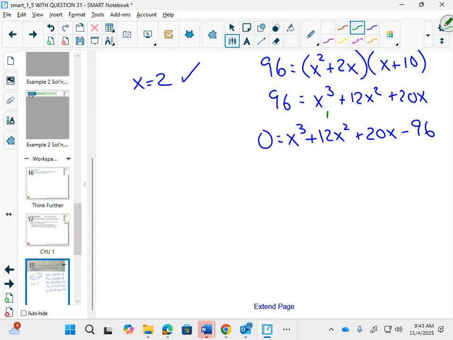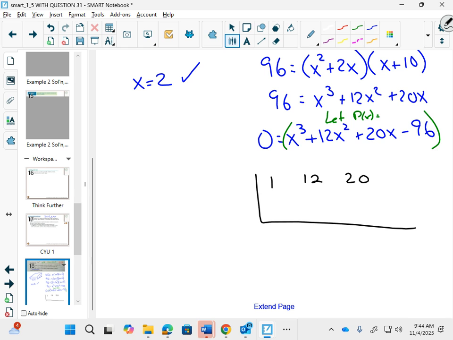here I would write let p of x equal this. I'm going to set up my synthetic division. 1, 12, 20, and negative 96. If x equals 2 is an answer, then x minus 2 is a factor, which would mean I need a positive 2 out in front here.